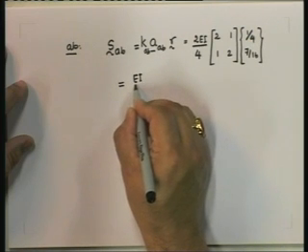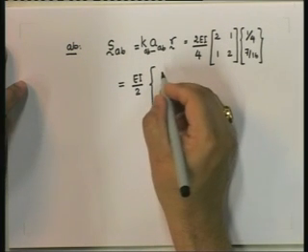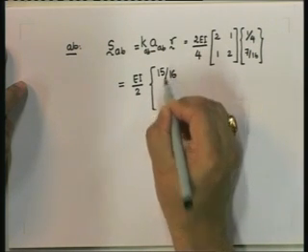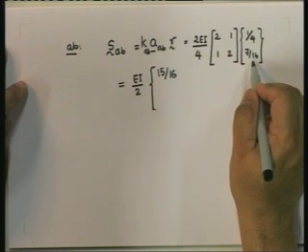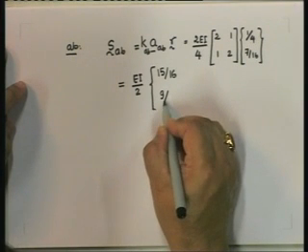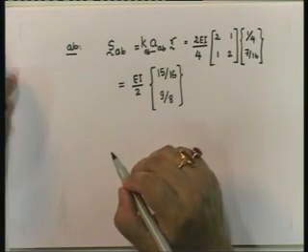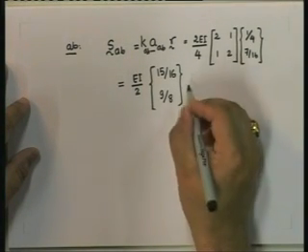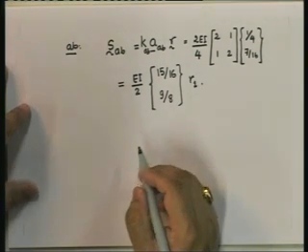So EI upon 2 into 15/16, and this is going to be 14/16 will become 7/8. 7/8 plus 1/4 is going to be 9/8. Okay, so this is into R1, that is SAB.